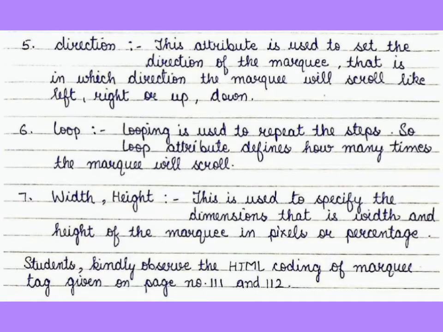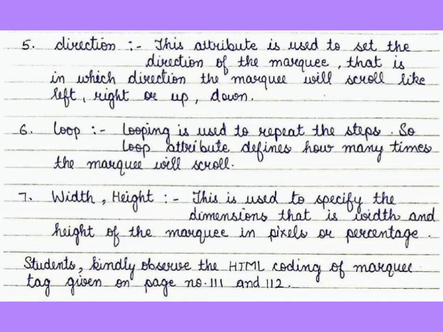Number 5. Direction. This attribute is used to set the direction of the marquee, that is in which direction the marquee will scroll, like left, right or up, down.